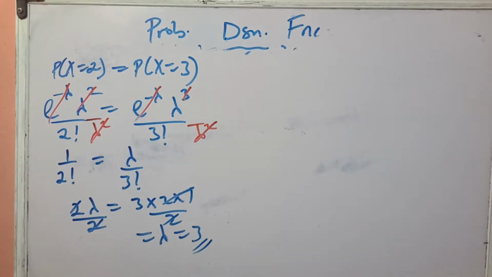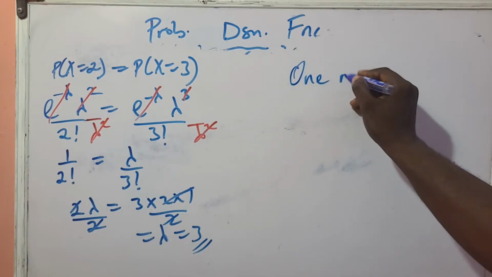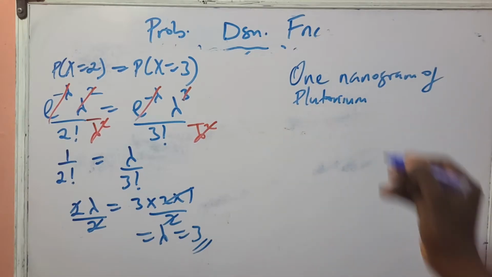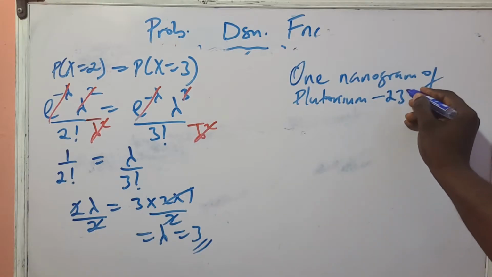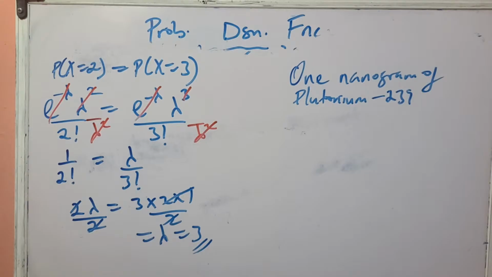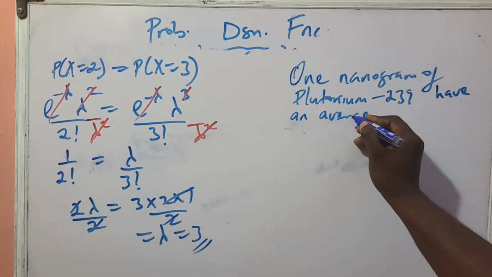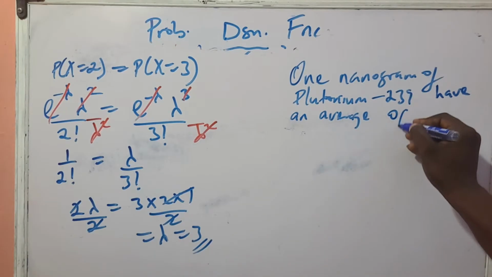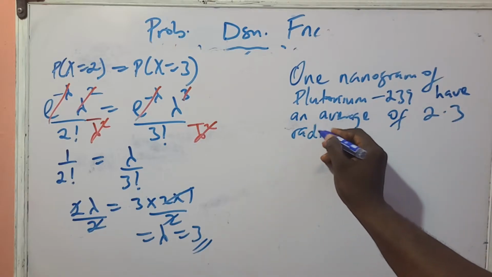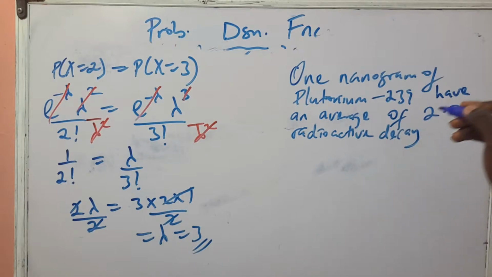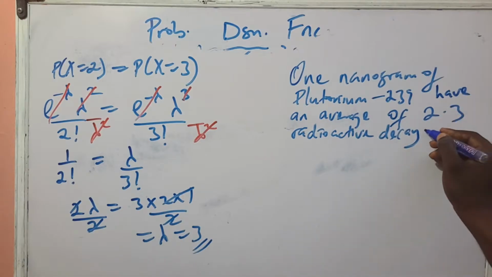So 1 nanogram, this was the question I read at the beginning of the class. 1 nanogram of plutonium-23, now obviously this is content for radioactivity, have an average of 2.3 radioactive decays per second.